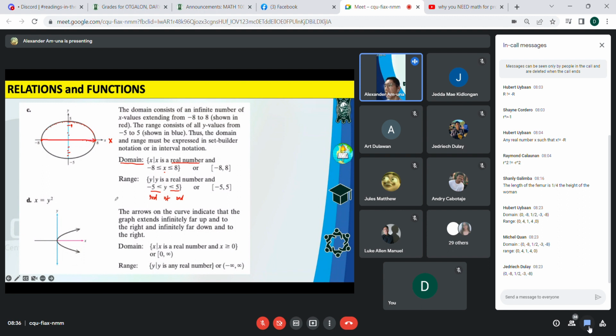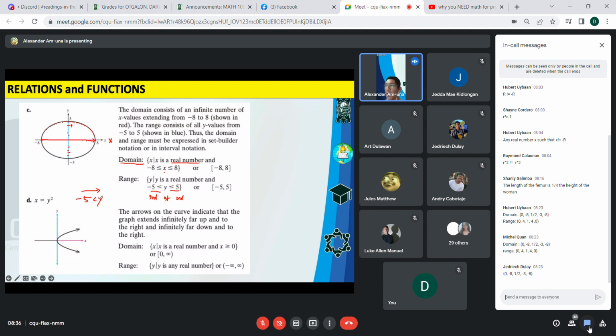Diba? So for example, -5, and then you have the less than symbol and y. So when you read this, you say -5 is less than y. That is correct. Because you started from the left going to the right. Tama? Ulitin natin. -5 is less than y.